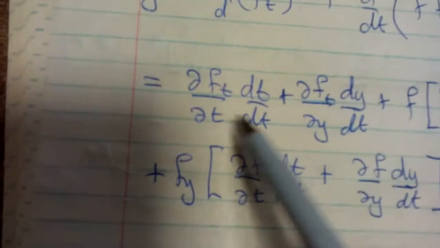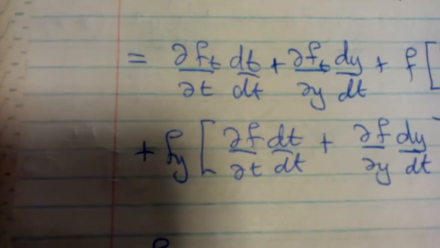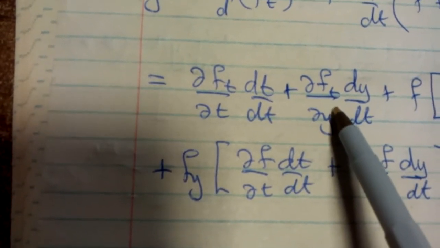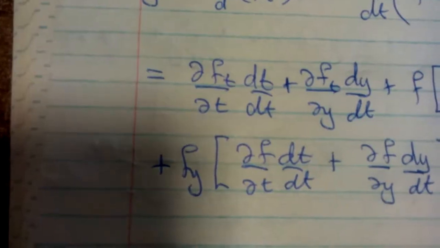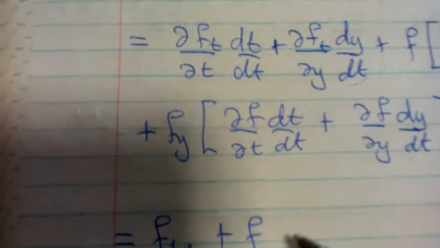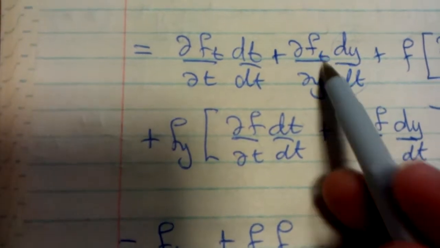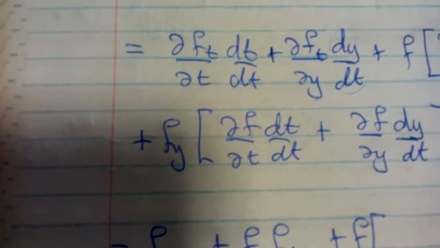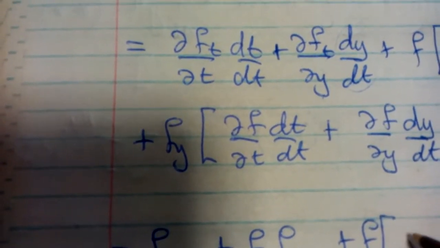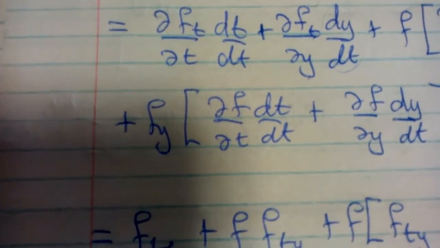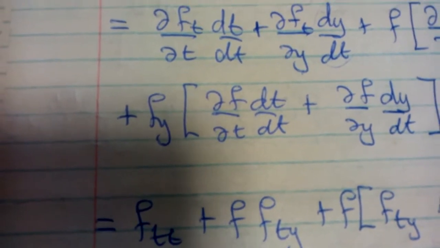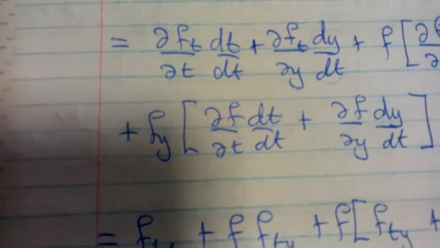And clearly this is equal to: first term here gives me f_tt, plus f coming from this part times f_ty, plus f outside of f_ty, plus f times f_yy from this term here.